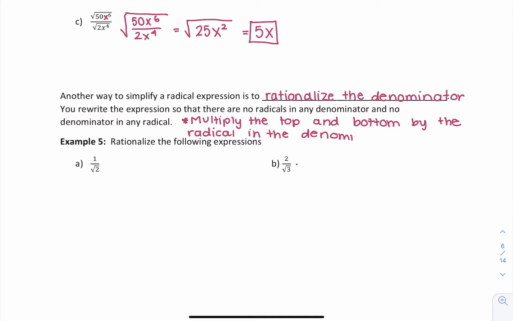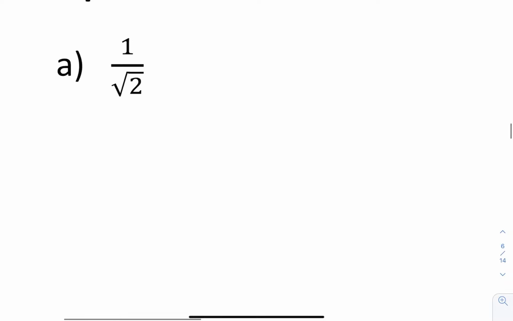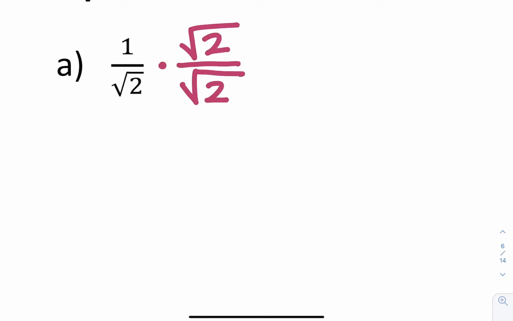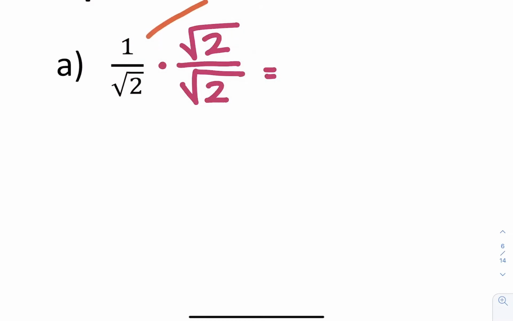So in this first example, we have 1 over the square root of 2. This might seem simplified, but it's not because there's a square root in the denominator. So we multiply by square root of 2 over square root of 2. Now remember, when we multiply fractions, we can't actually change the fraction. This is like a creative form of the number 1.